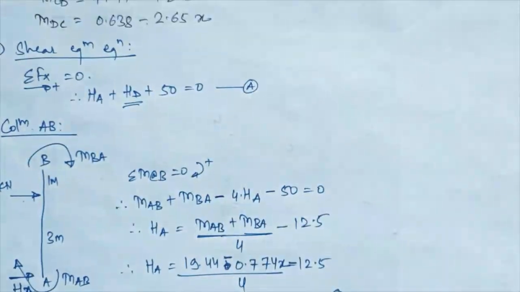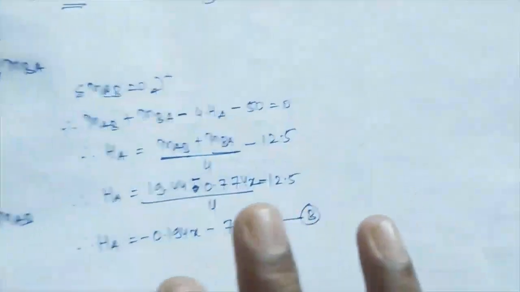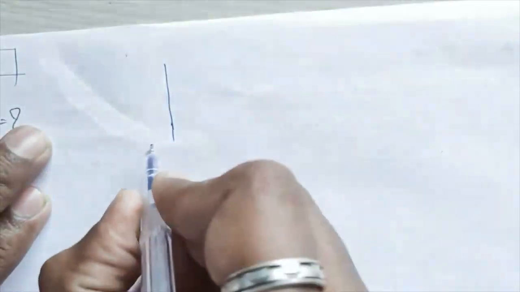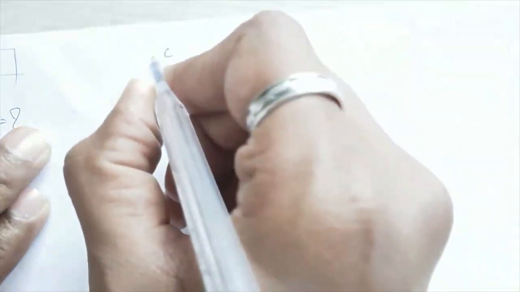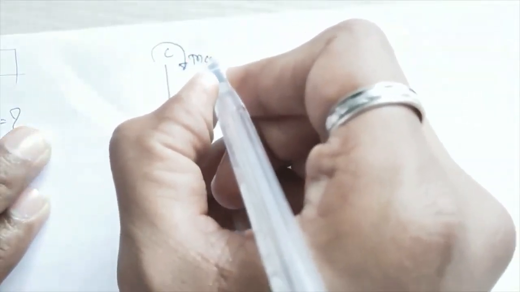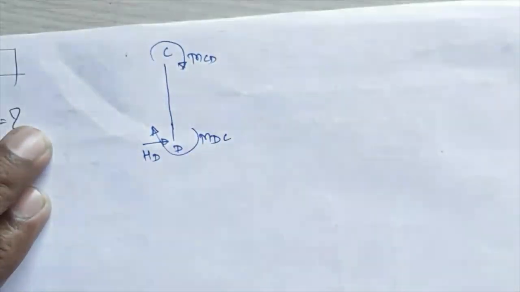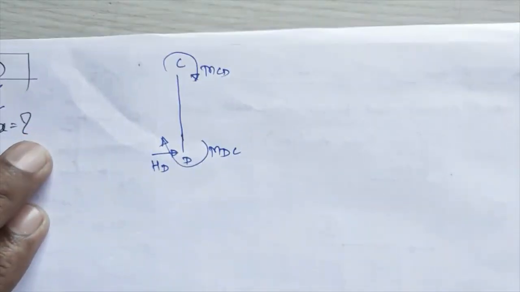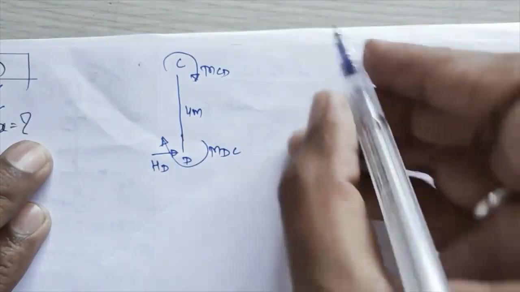Now the second value to find is HD. For that, I need to consider the equilibrium of column CD. Here is the horizontal thrust HD at joint D, here is C, the moment here is MCD and the moment here is MDC. As I told you initially, assume these moments as clockwise in nature, and the total length is 4.